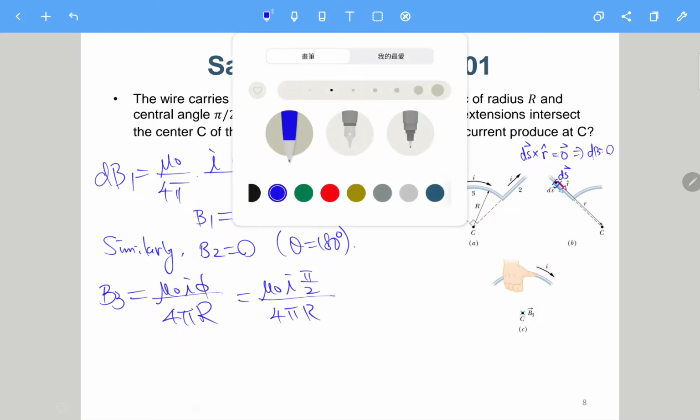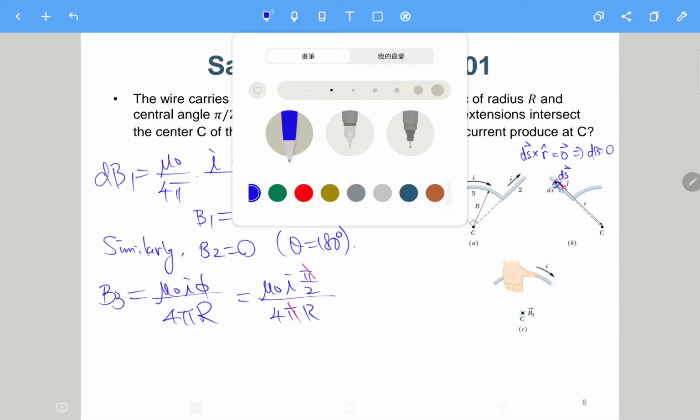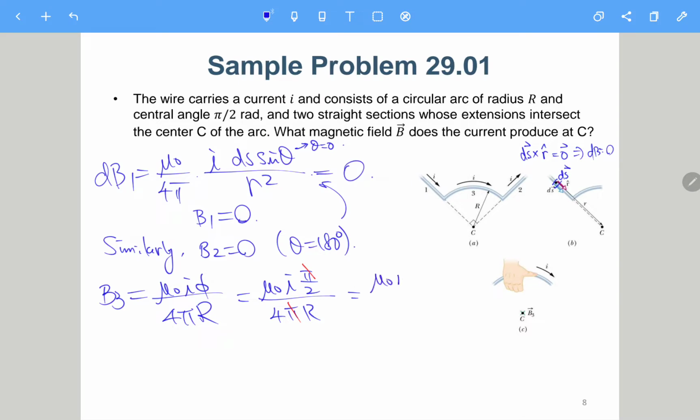So this pi and pi will be cancelled. So altogether we have mu 0 I over 8r. In total we have B1 plus B2 plus B3 to be mu 0 I over 8r, which is the answer to this question.